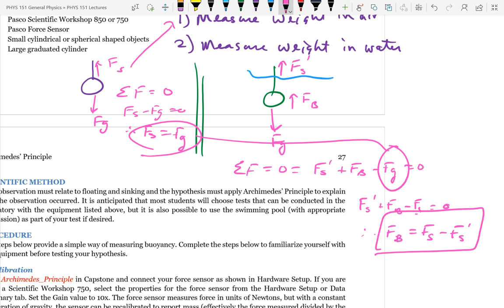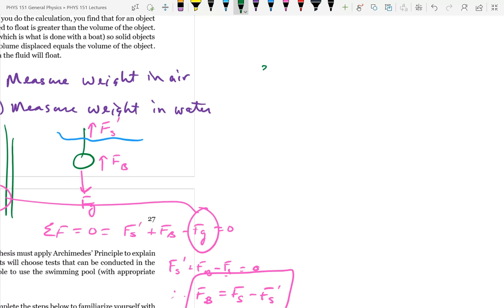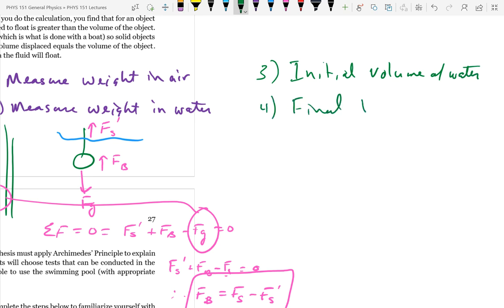So measurements 1 and 2 were the force. Measurements 3 and 4 are measuring the initial and final volumes of water.